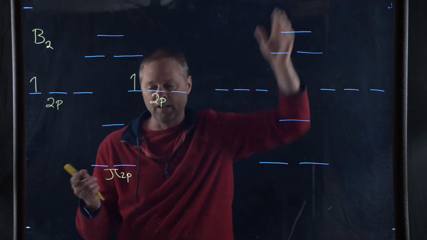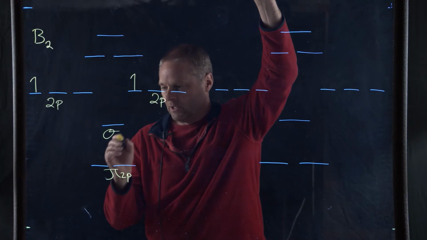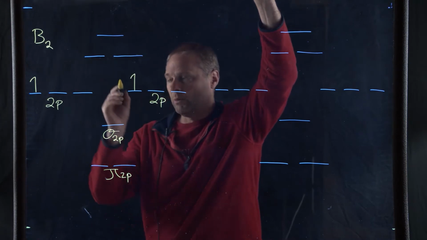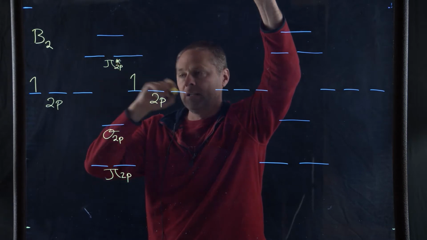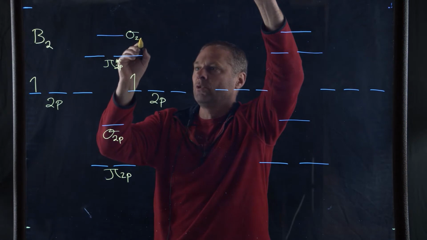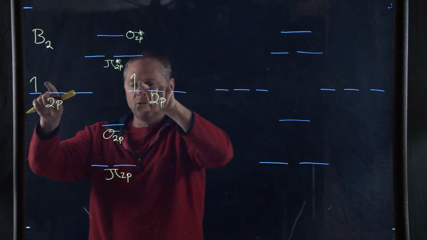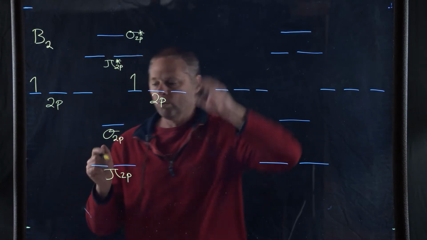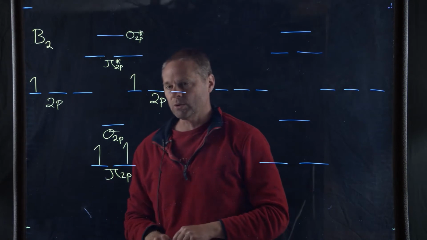So this would be the pi molecular orbital. This is going to be the sigma 2p molecular orbital. This is the pi 2p antibonding molecular orbital. And this is going to be the sigma 2p antibonding molecular orbital. Now, because there are 2 electrons here, we're going to put 2 into the molecular orbitals.